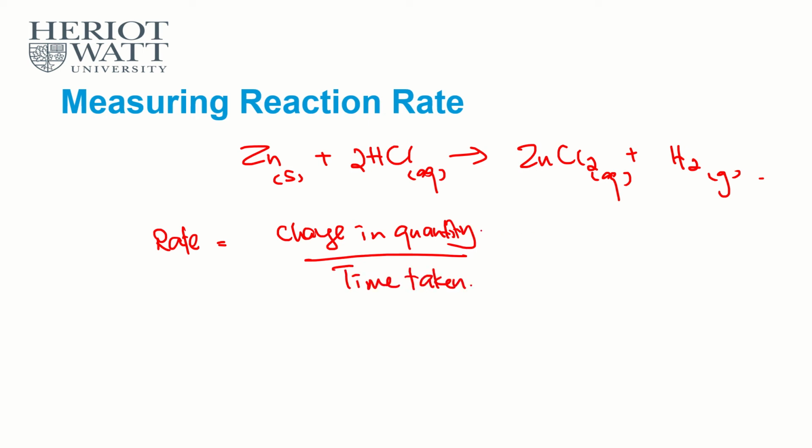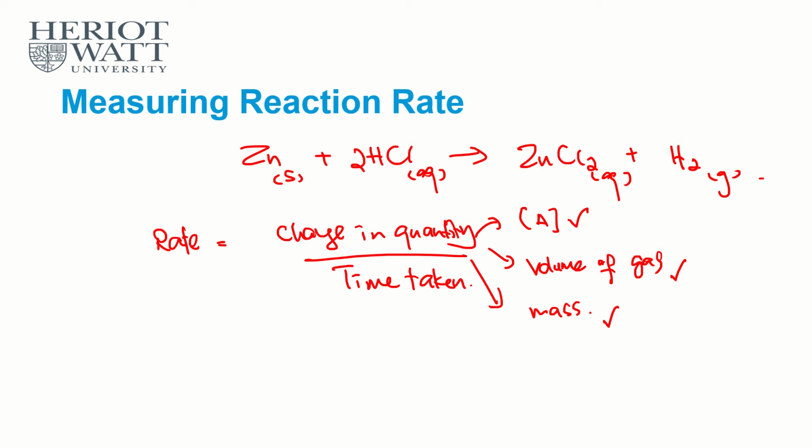Now the change in quantity here can be referring to concentration of certain reactants, it can be referring to volume of gas, and it can be referring to the change in mass. So we have concentrations, we have volume of gas, we have mass. Any changes to either one of these, measured over time, we get the rate of reactions, how fast the reaction proceeds in a given time or in a given duration.